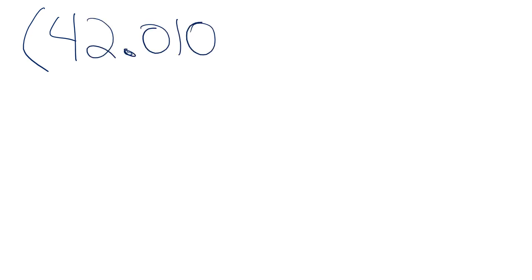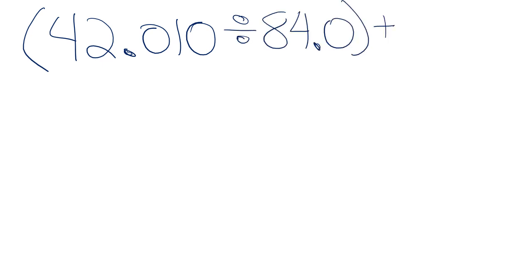If I were to take 42.010 divided by 84.0 and add 0.5558. And you were asked to solve this using significant figure rules.